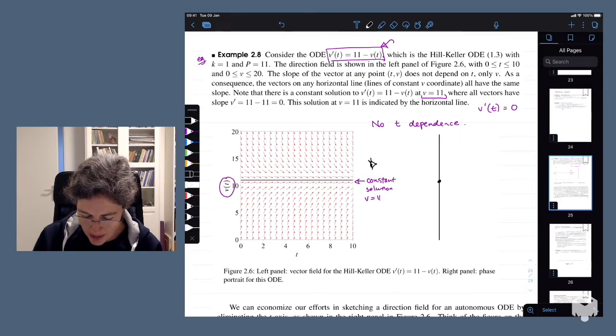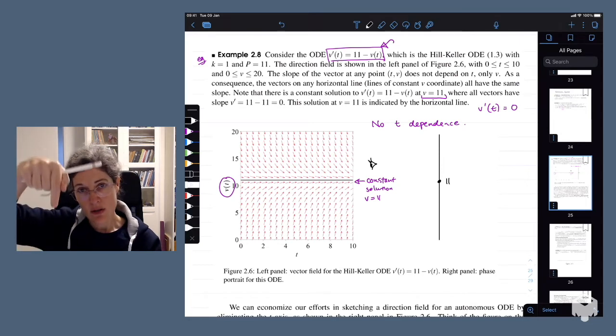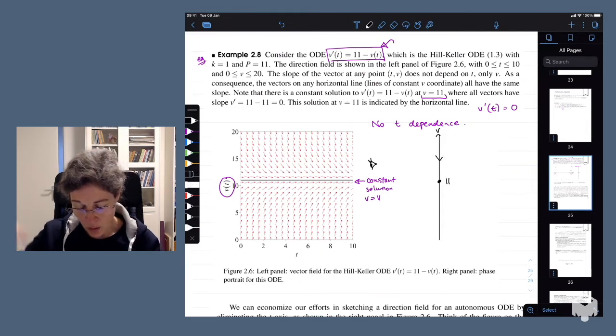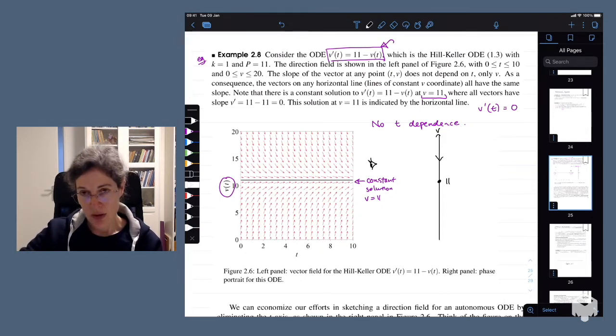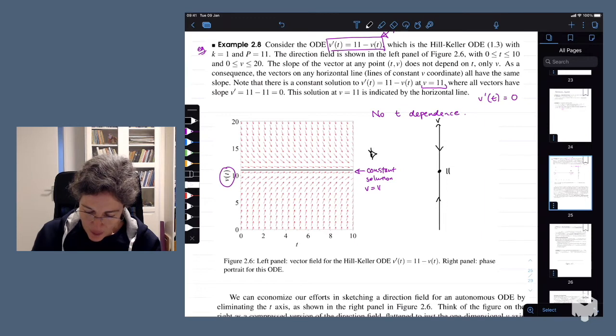And if we mark that as the point 11, then we'd see lots of little vectors pointing down if v is above 11. So we're thinking of this as the v-axis here. If v is above 11, then we'd see lots of little vectors pointing down. So they're pointing towards 11. And if we looked for values of v below 11, then we'd see lots of little vectors pointing up. So we'd see kind of things like this. And this thing over here is called the phase portrait.